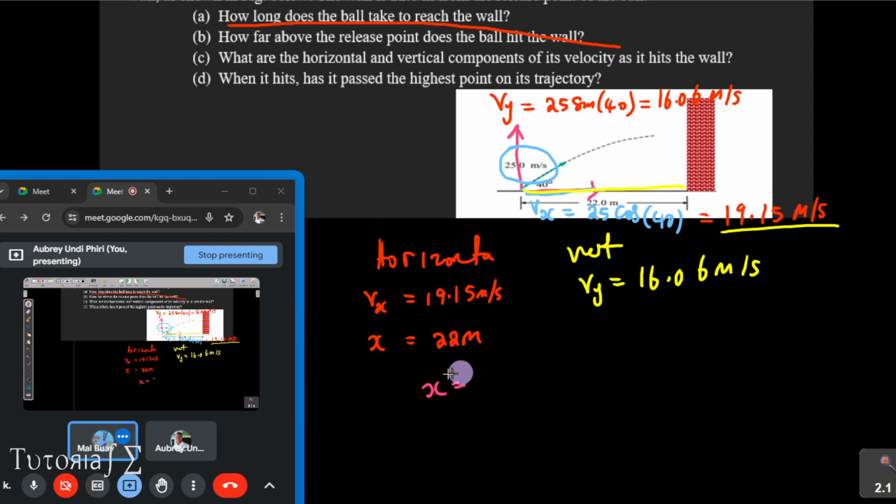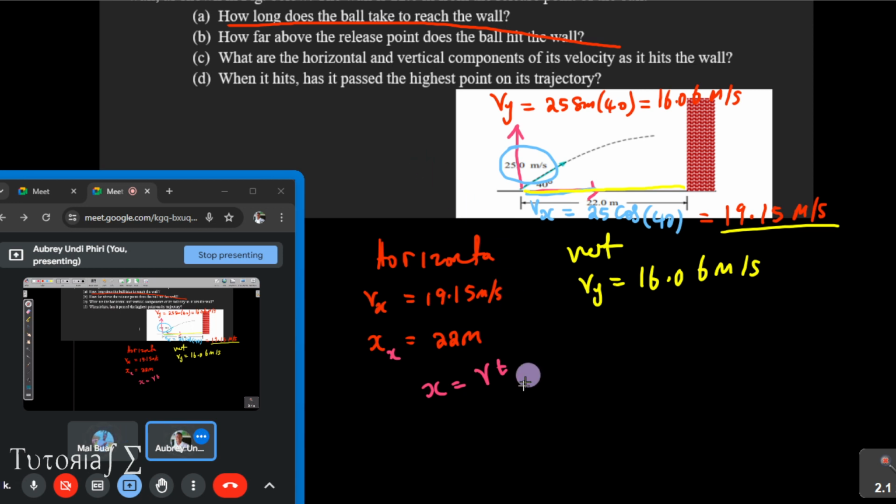Displacement is equal to velocity times time, right? So we can simply use this formula to find the time it reaches the wall, so that we minimize that long calculation. You get the idea, right?